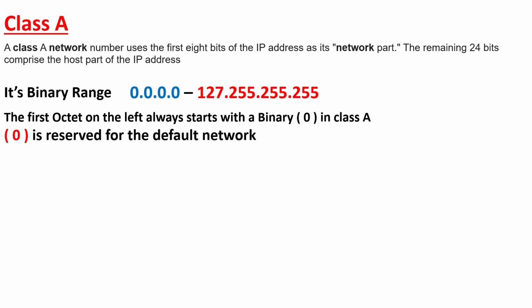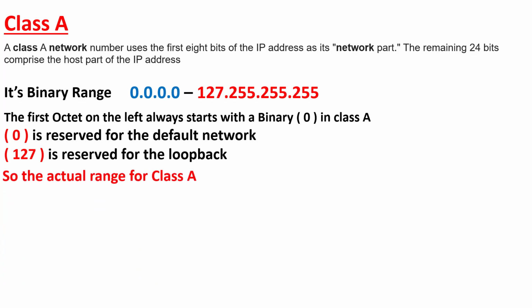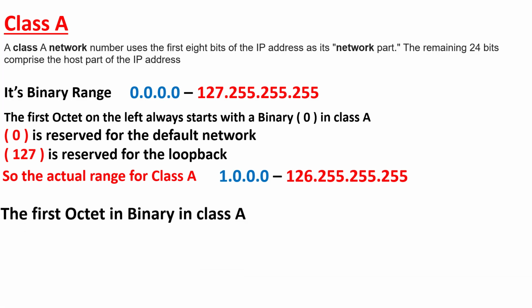0 is reserved for the default network, so we cannot use it in Class A. 127 is reserved for loopback. So the actual range for Class A starts from 1.0.0.0 to 126.255.255.255.